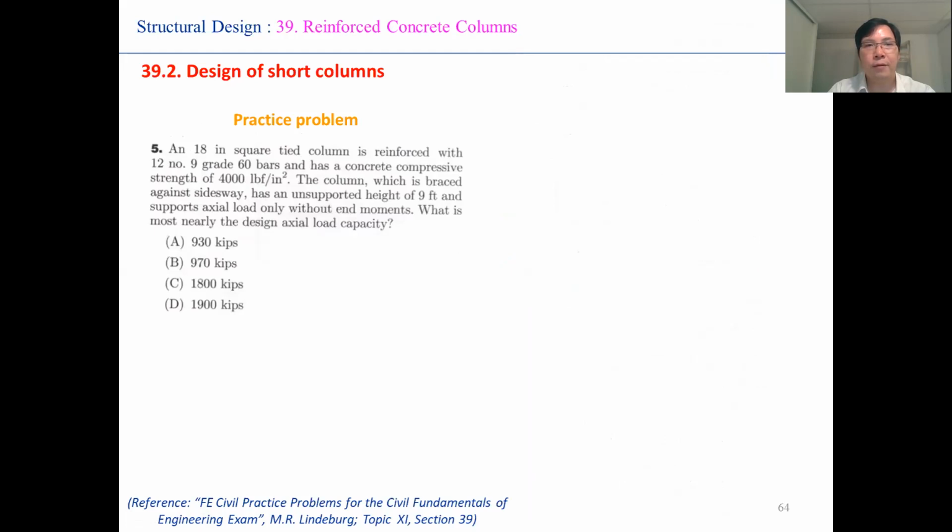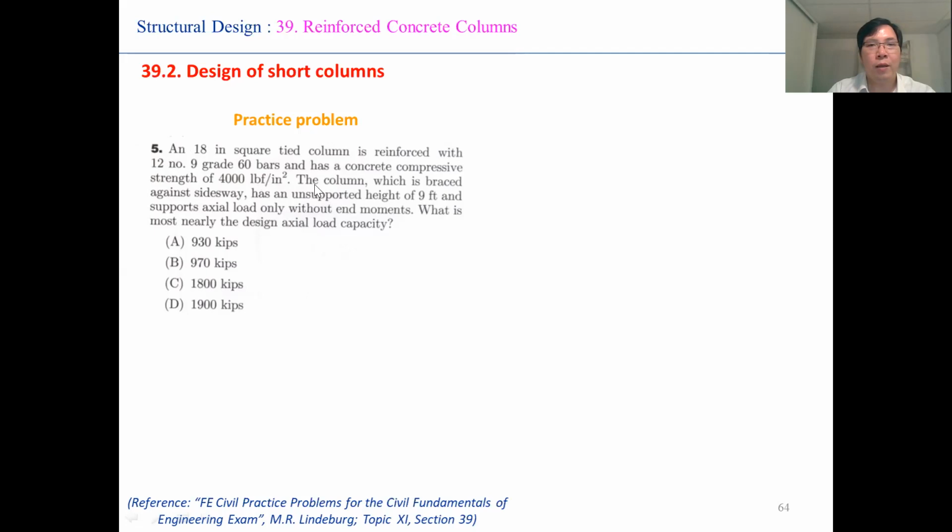Now we pass and see another practice problem. An 18-inch square tie column is reinforced with 12 number 9 grade 60 bars and has a concrete compressive strength of 4,000 lbf per square inch.